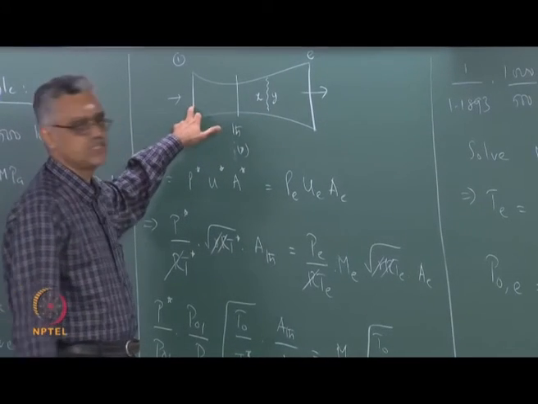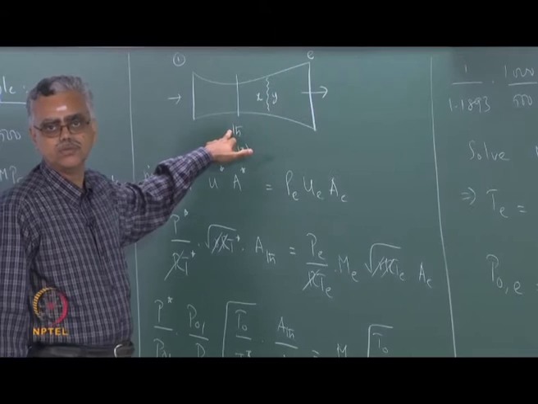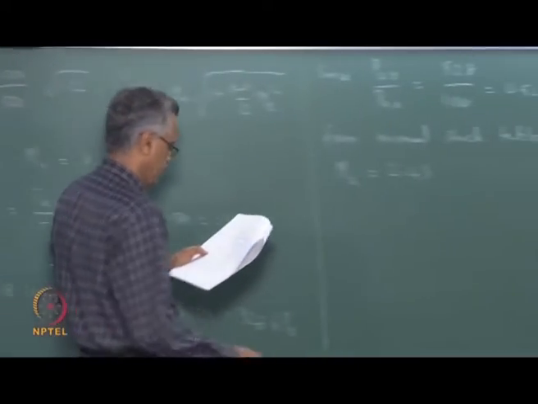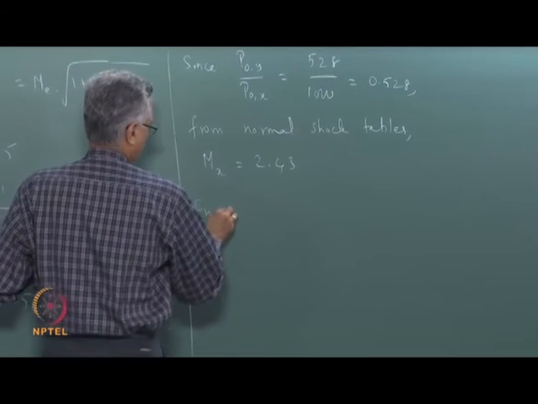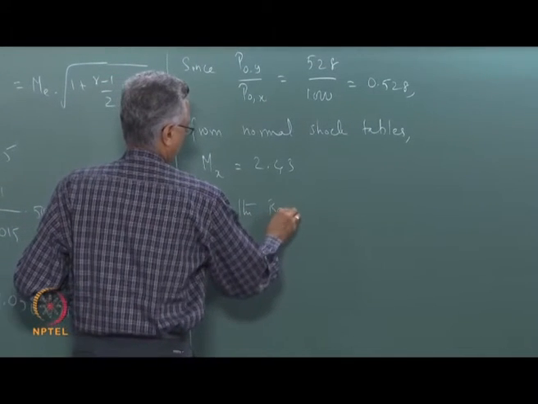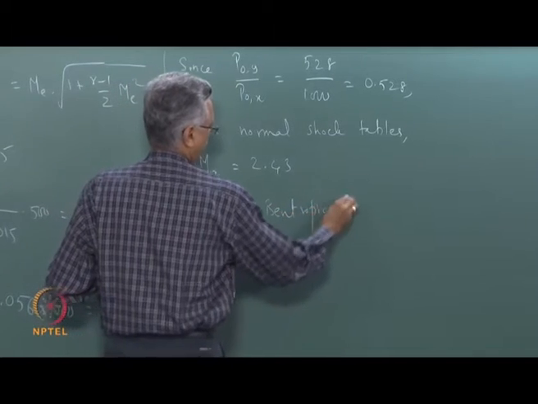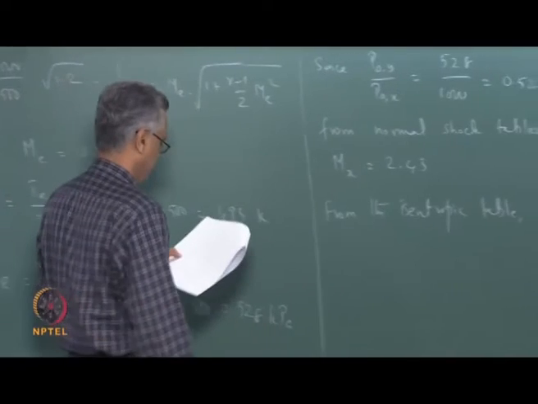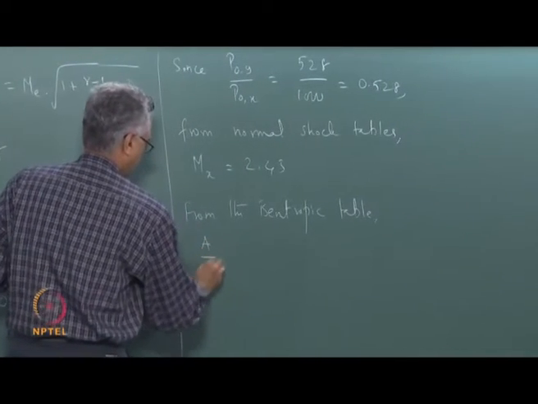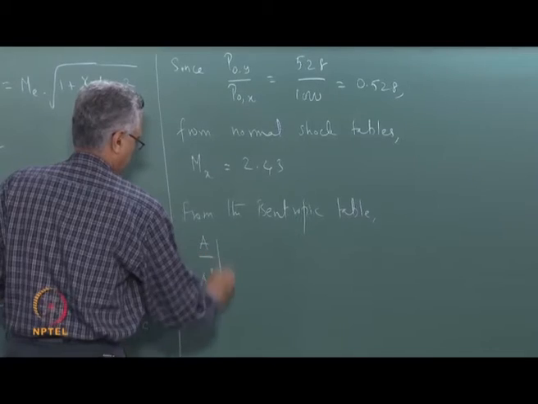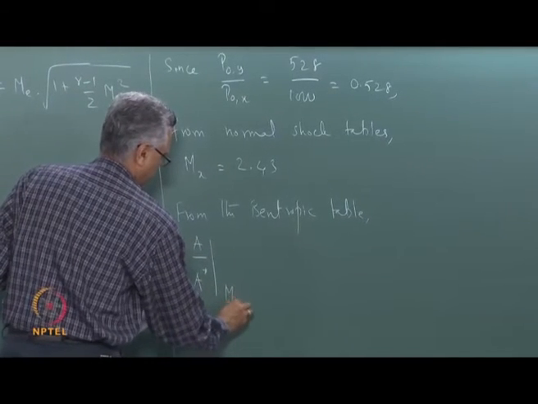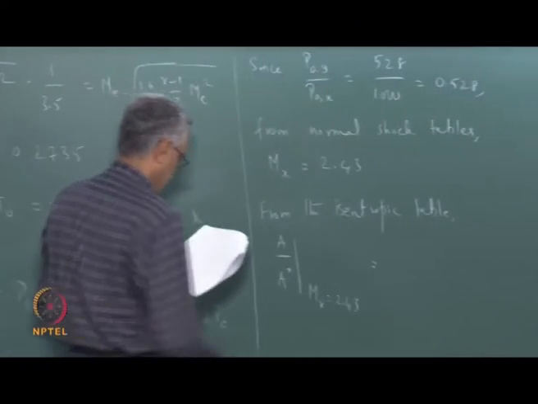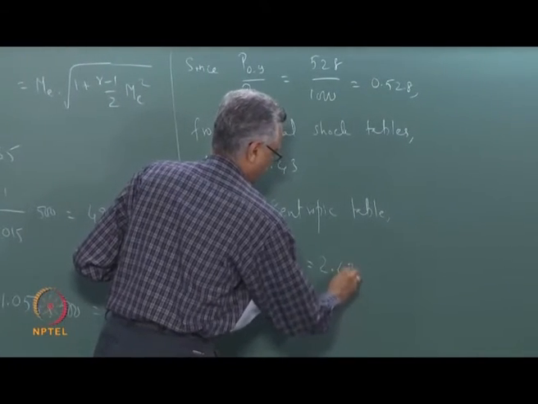Remember this part of the flow is isentropic with A star equal to A throat. So from the isentropic tables, the A by A star where this M occurs comes out to be 2.4714.